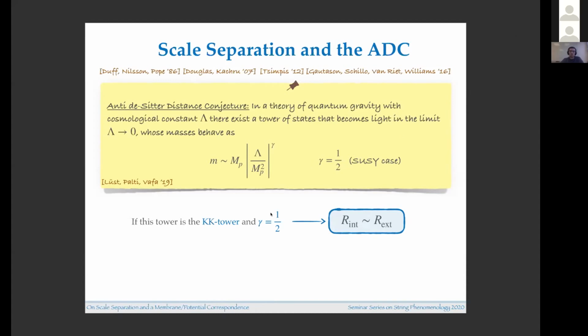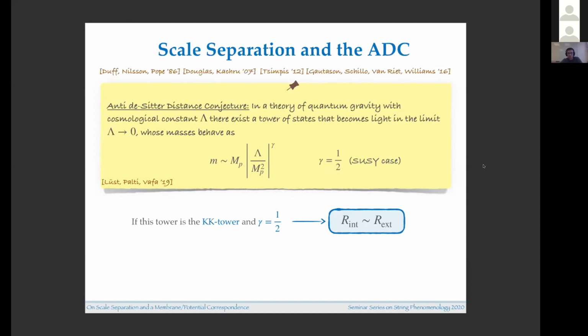Because one can calculate, if one associates the typical internal scale to the KK mass, and one calculates the typical external scale obtained from the cosmological constant, what this gamma equals 1/2 means is that the internal radius is proportional to the external radius. So with gamma equals 1/2 and this tower being the KK tower, the ADS distance conjecture implies that we cannot have a scale separation.